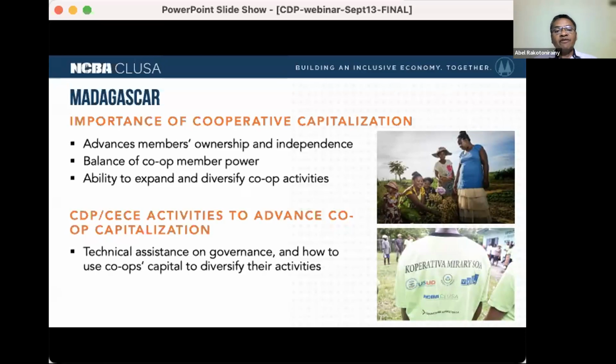We were working with workers' co-ops to coach the cooperatives, to bring them to the application of their bylaws, and really for members to contribute financially to their cooperatives, so they could have the financial ability to diversify, to expand their activities, and also even to support one another within the cooperative. That was really key to the capitalization for cooperatives here in Madagascar. Thank you.